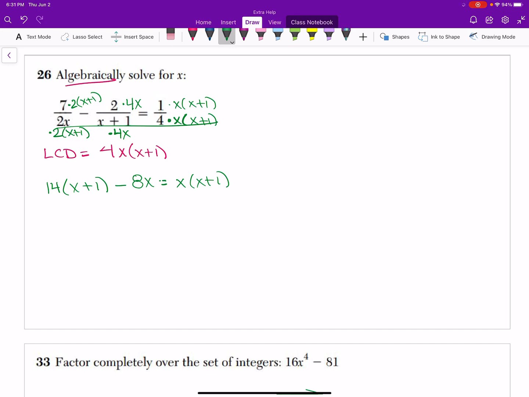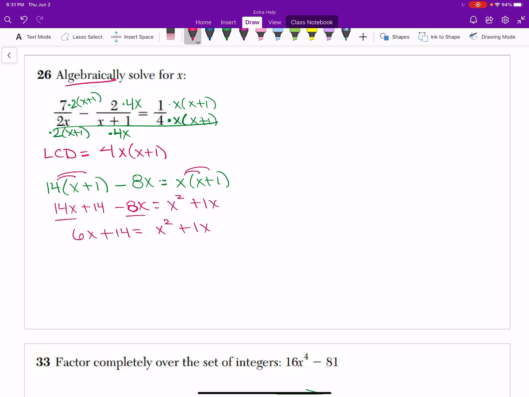So now solving this equation, first thing I'm going to do is distribute: 14x plus 14 minus 8x equals x squared plus 1x. Combining like terms on the left, I get 6x plus 14 equals x squared plus 1x.